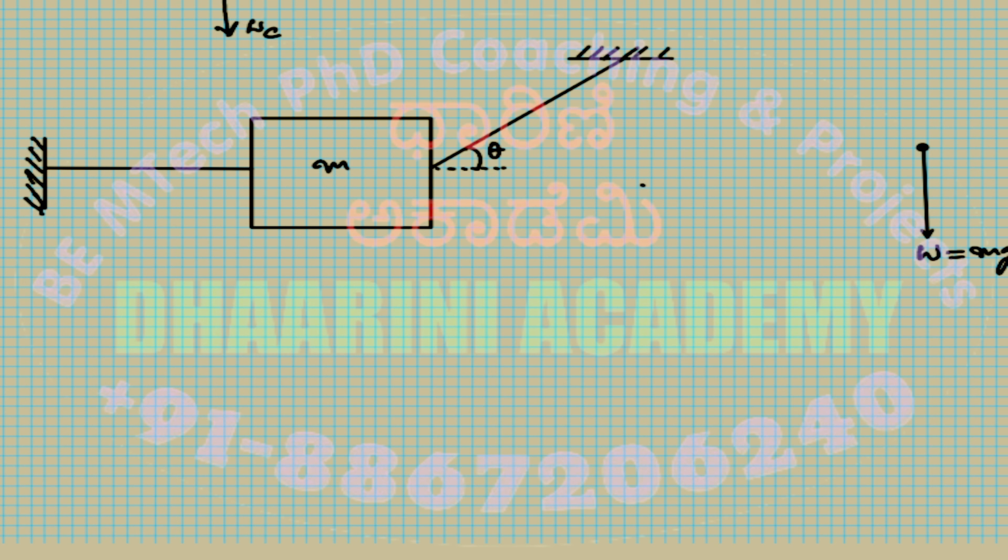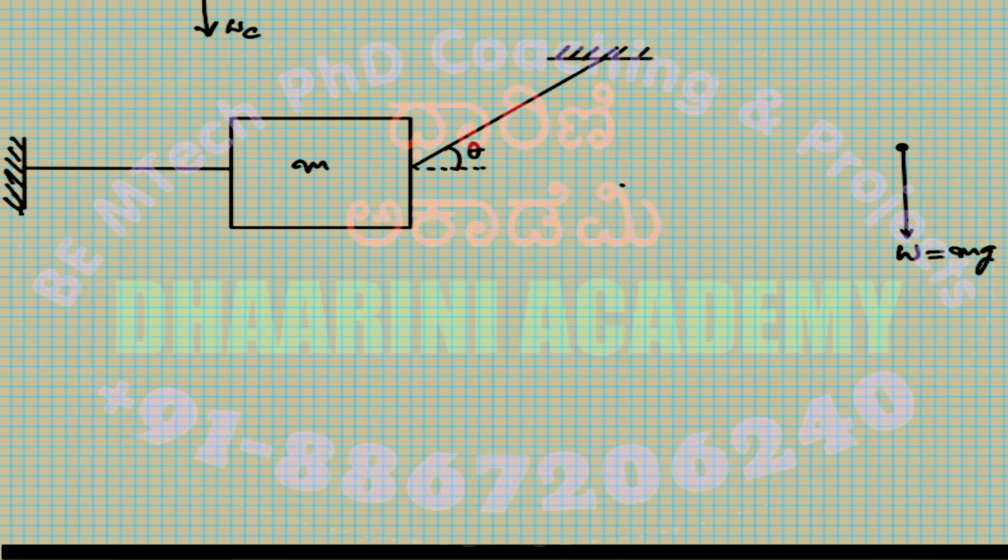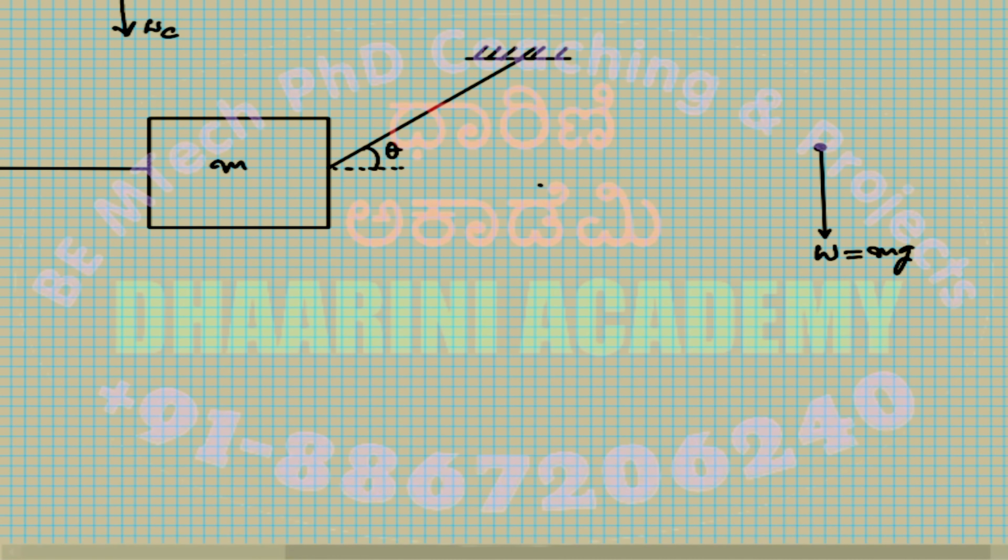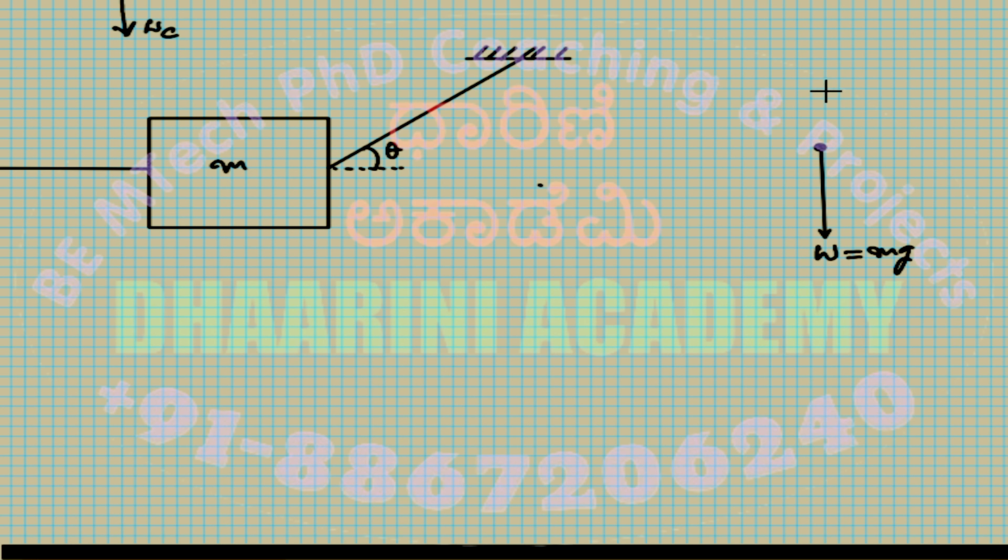So the forces are denoted by the word string. There is a string connected, and I have to mark that exact direction, because it is going to be presented at the same angle and the same magnitude. So at an angle theta, there is a string, so there is a tension.